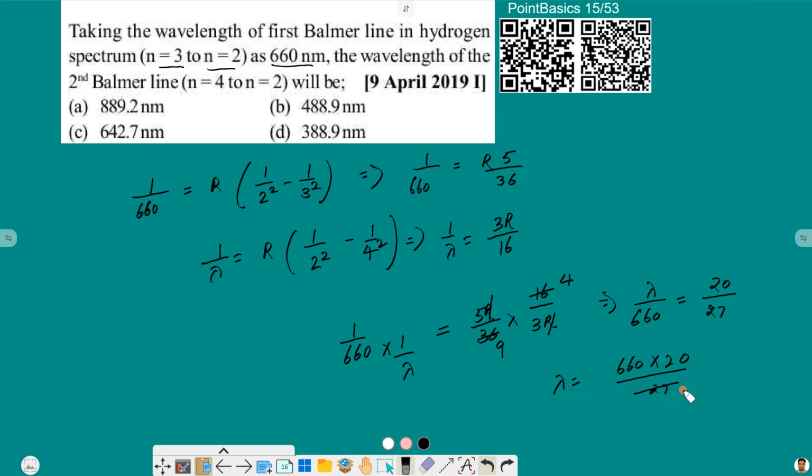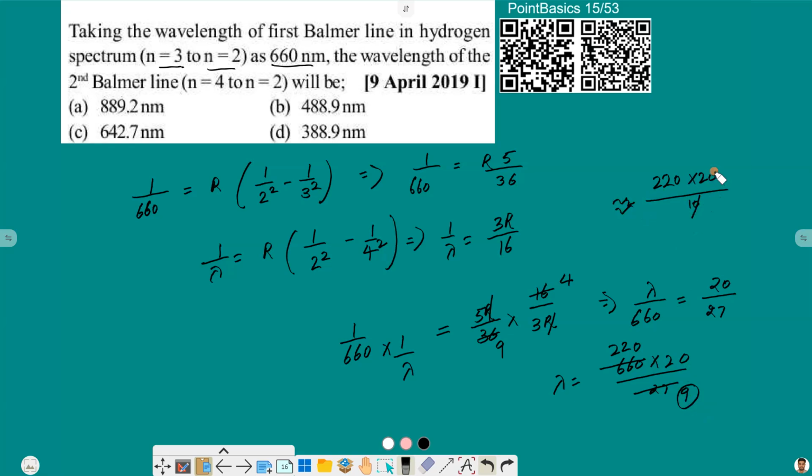Now we can cancel by 3. That will be 9, and that will be 220. So the answer will be somewhere around 440. How? We can approximate it like this: 220 into 20, and we are approximating 9 as 10.